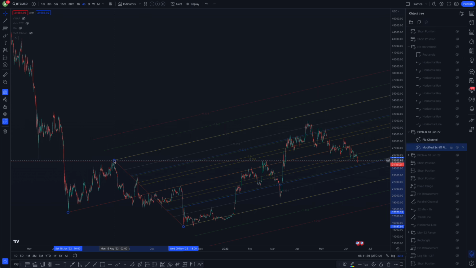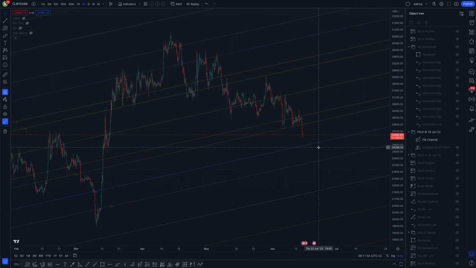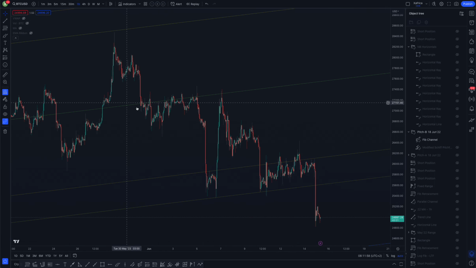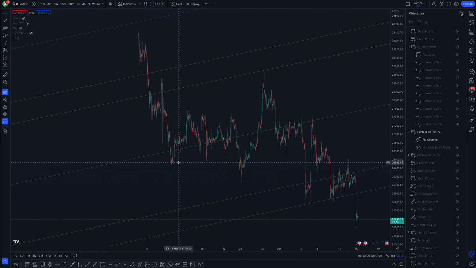So the channel goes from there, and you can see I use that. You've got to play with it and adjust it to get it as accurate as possible.